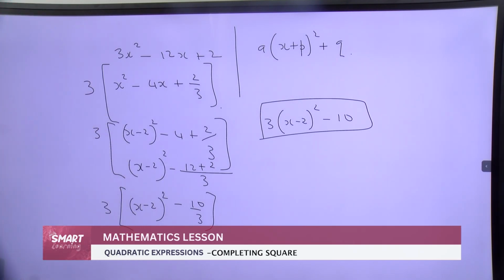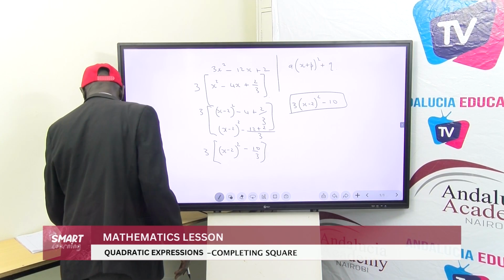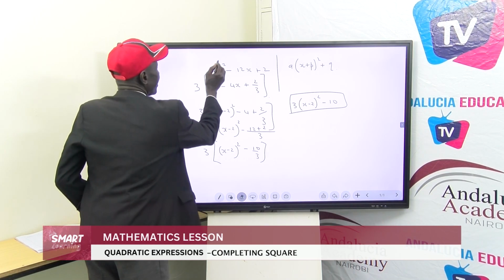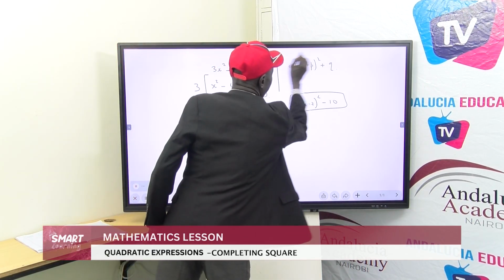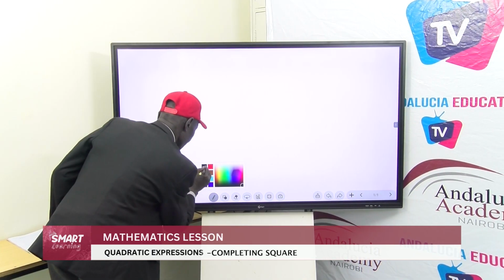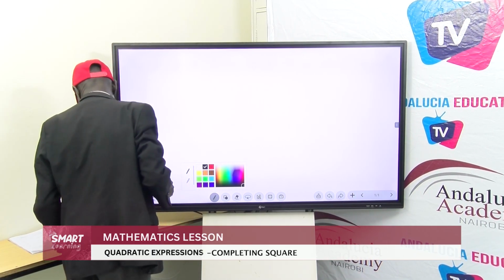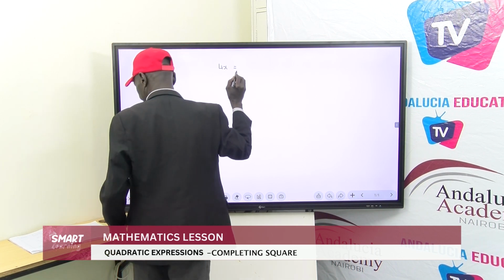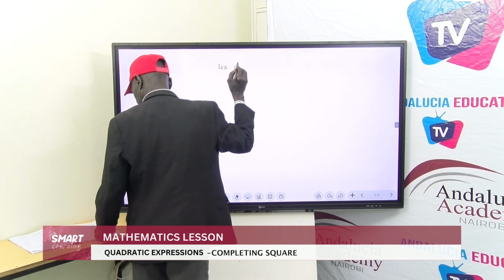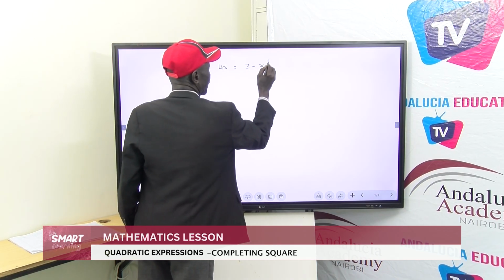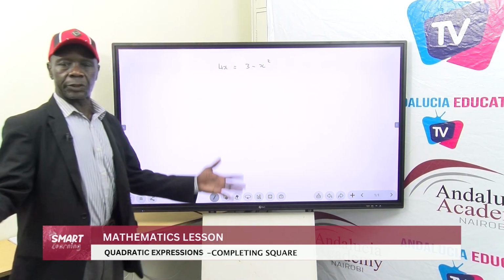Now, let me try to give you another example where maybe you'll be forced to rearrange the equation. Let's say you are given 4x equals 3 minus x squared. Now you can do it in two ways.